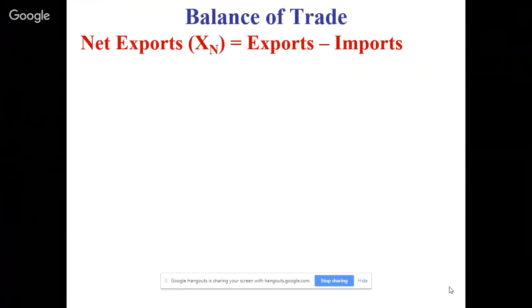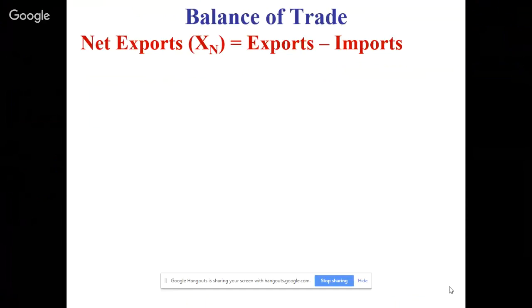Exports are goods and services flowing from our country to overseas countries. Whatever we produce here in the States and sell overseas, that is exports. Imports, on the other hand, are whatever we buy from overseas. So net export is just exports minus imports.